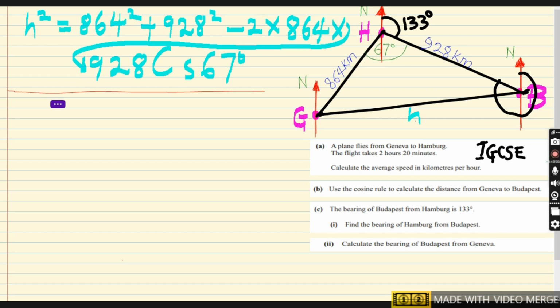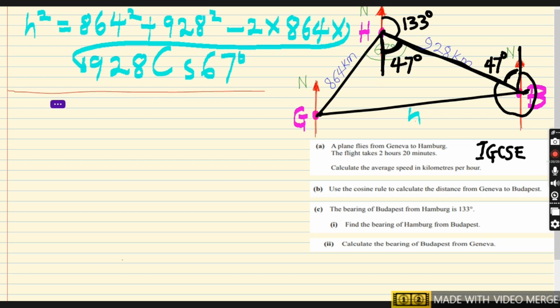Can we first find this angle here in this corner? That's 180 minus 133, that's simply 47 degrees. If you observe very well, you would take note that alternate angles this way tell us that this angle here is also 47 degrees.